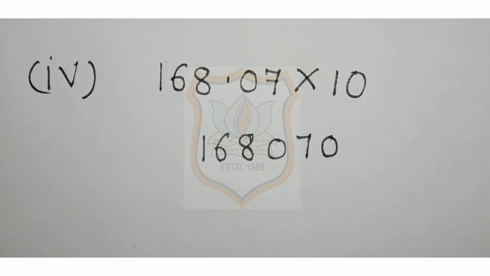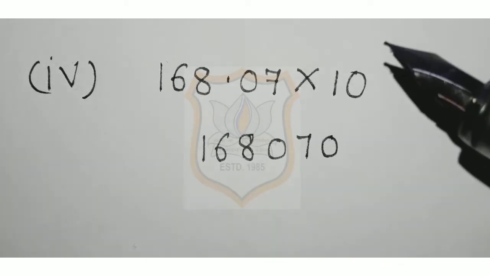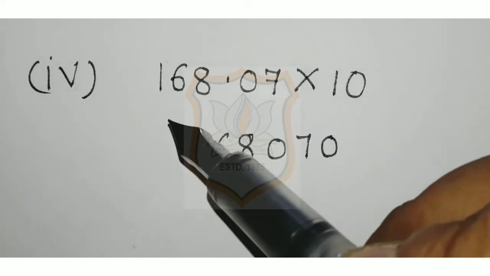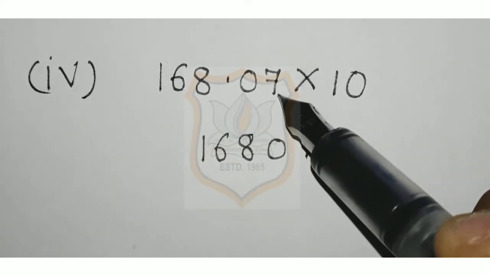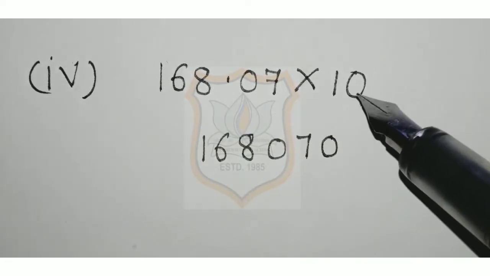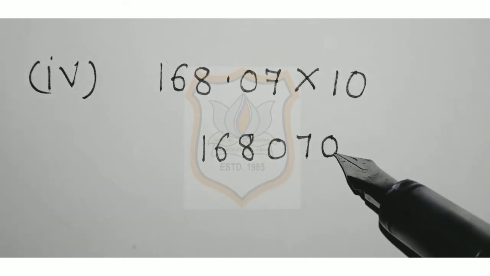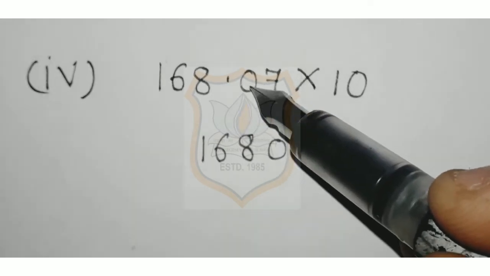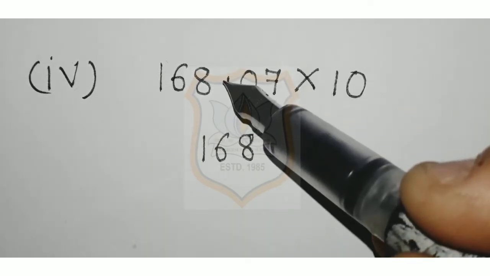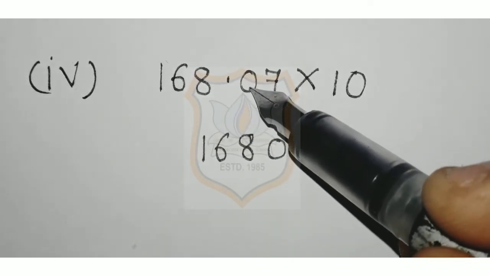Now I will tell you how to solve the fourth part of question number 3, that is 168.07 multiplied by 10. Again we will put 0 behind, 168,070. Now in 168.07 the decimal is after 2 digits, that is 7 and 0 after 2 digits.